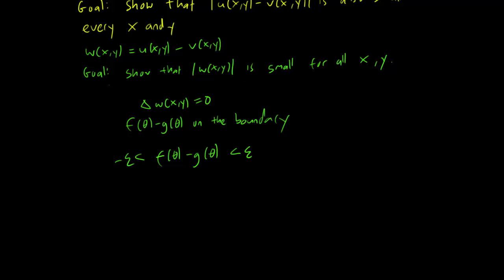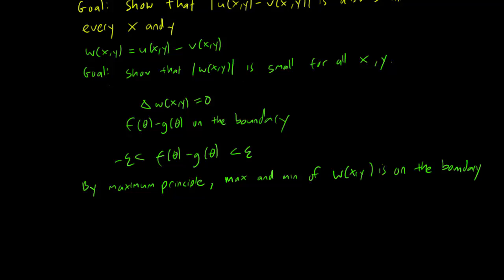However, by the maximum principle, we know that the maximum and minimum of W must also be found on the boundary. But this means that W must also lie between epsilon and minus epsilon, because otherwise you would have a maximum or a minimum in the interior of your surface.